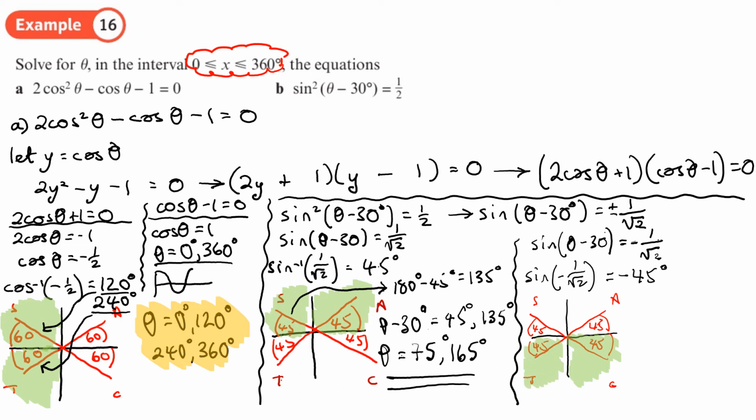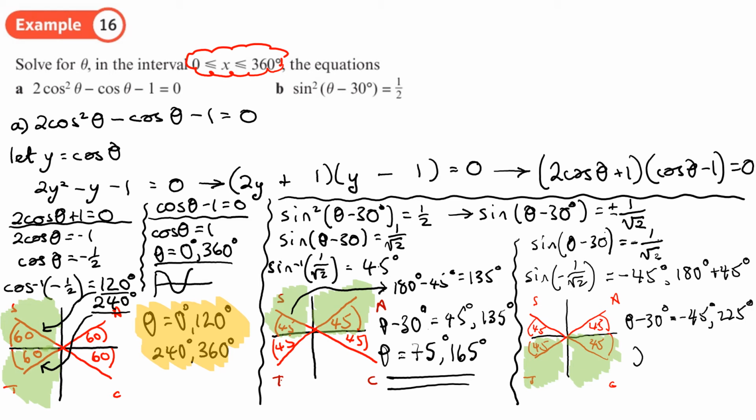So that's going to be 180 plus 45, which is 225. So we've got theta minus 30 equals negative 45 and 225.